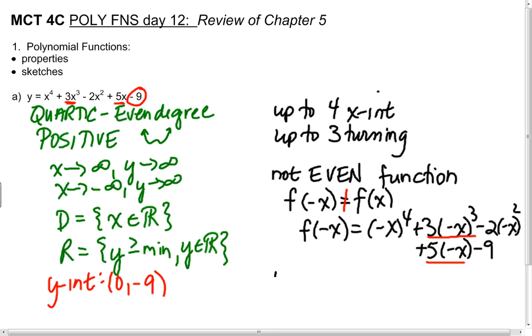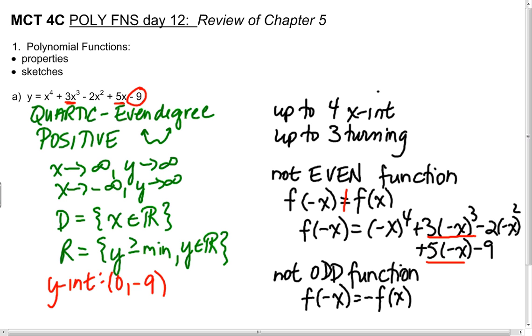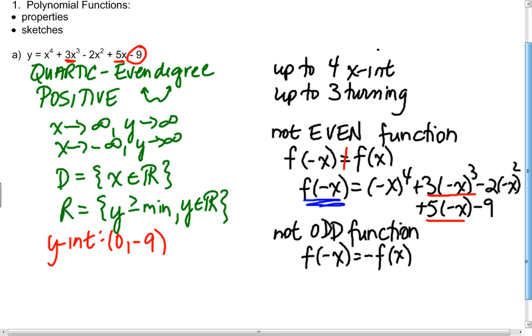It is also not an odd function, where it is symmetrical about the origin. For odd functions, I look to see if this is true: that putting a negative x into the function, which I have right here already, will give me the exact same thing as the original function with all of the signs changed.